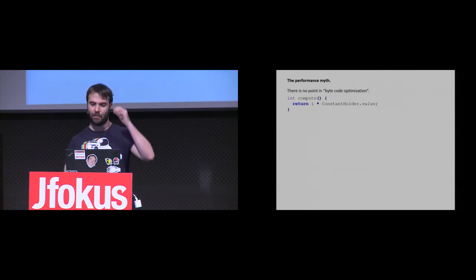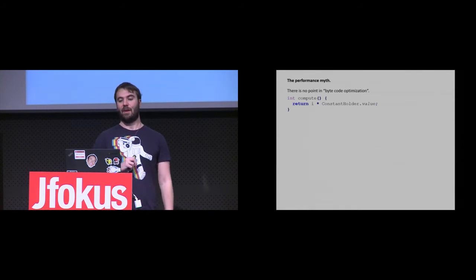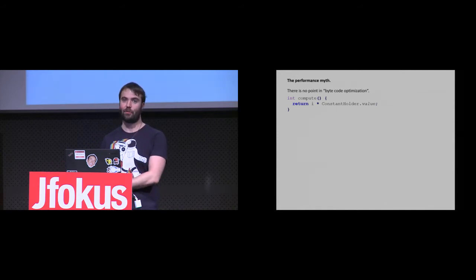And I've given a talk about how the JVM compiles code at JavaOne last year. So if you want to know this, I can obviously just refer you to that talk. I'm not going to go into details. But in general, what the JVM does is it takes your code, it reads it, just like a code generation framework can read your bytecode. The JVM obviously also reads your bytecode.